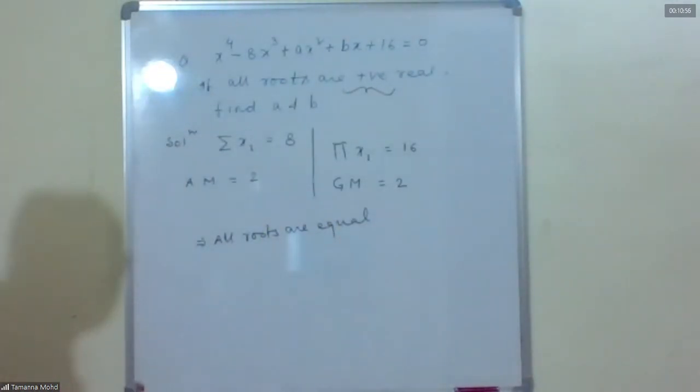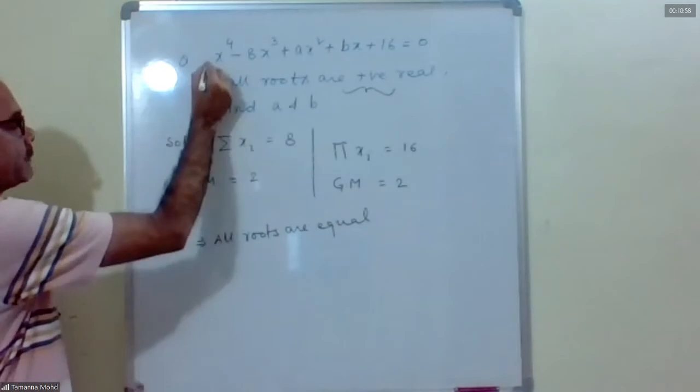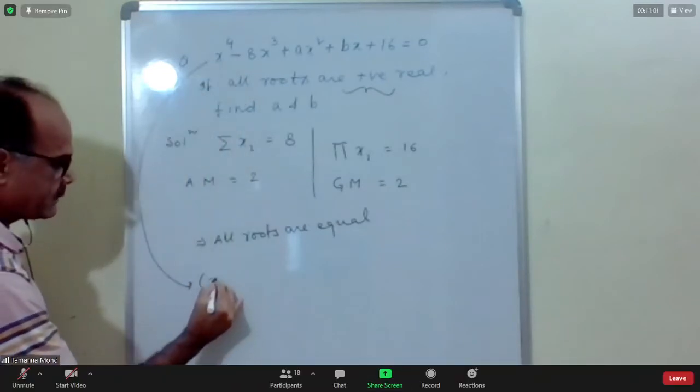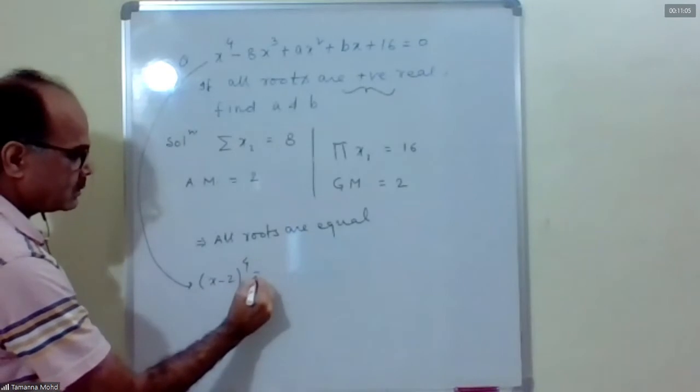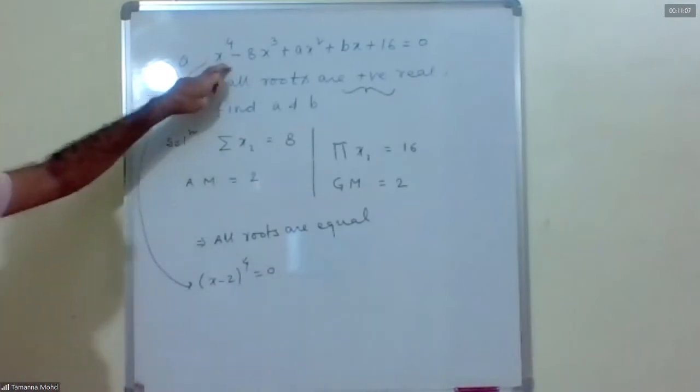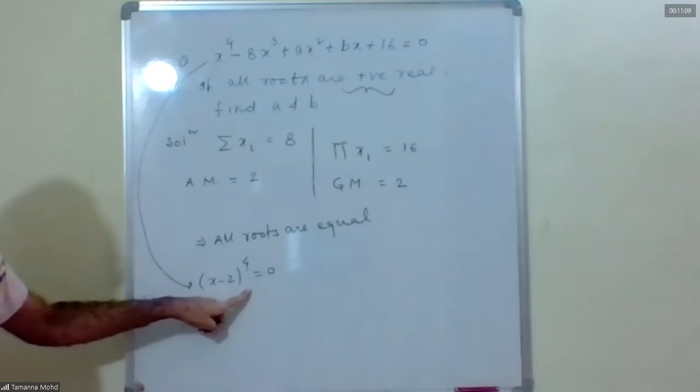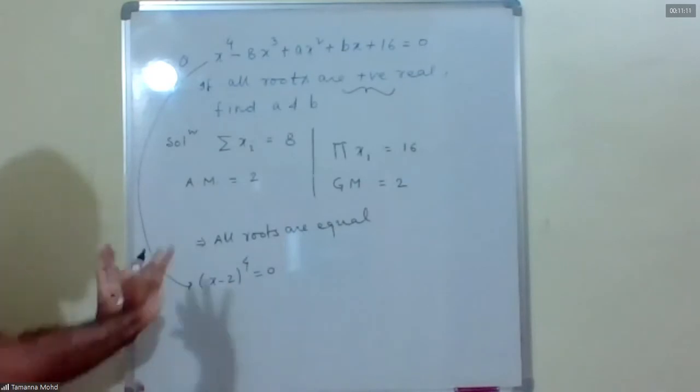Okay, so what does this mean? (x minus 2) whole to the power 4 is identically equal to this expression.